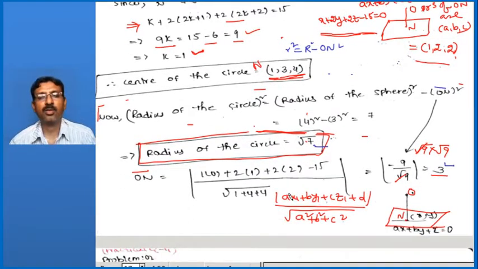Using the formula, the perpendicular distance from (x1, y1, z1) to the plane ax plus by plus cz plus d equal to 0 is (ax1 plus by1 plus cz1 plus d) divided by the square root of a square plus b square plus c square.